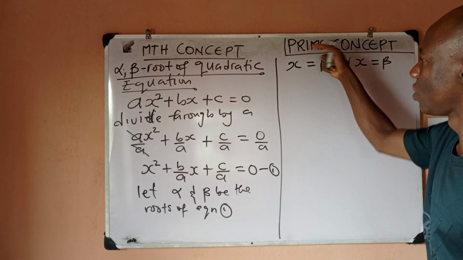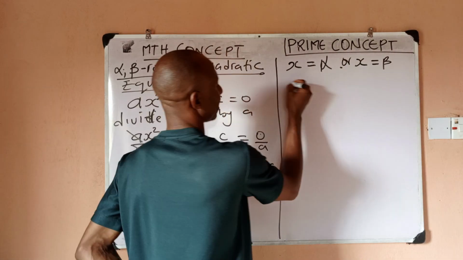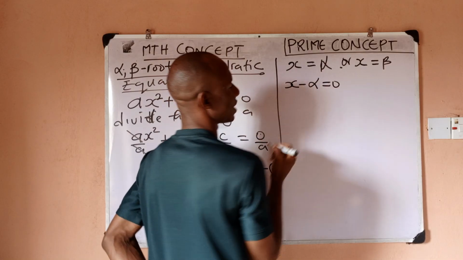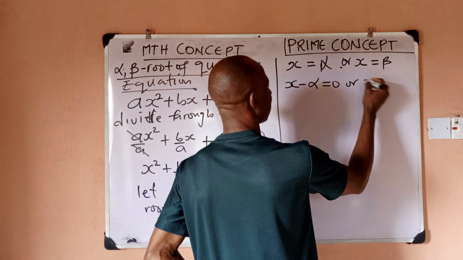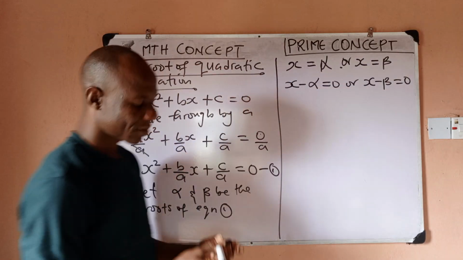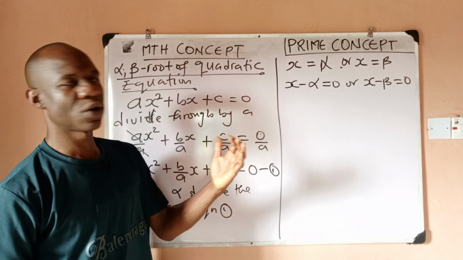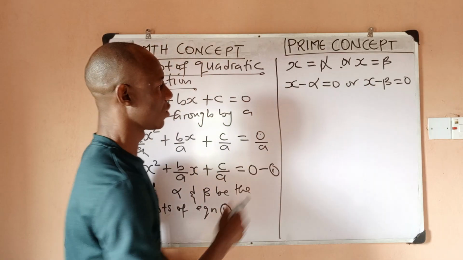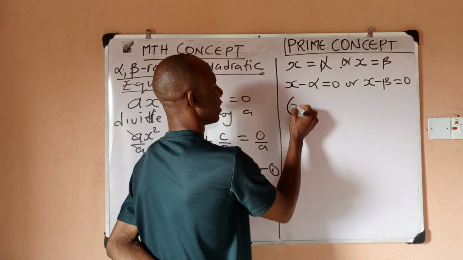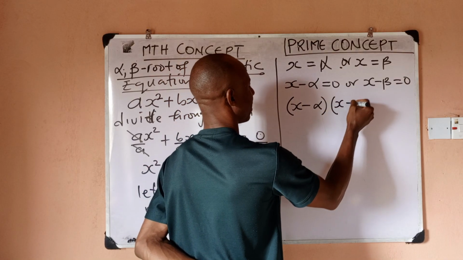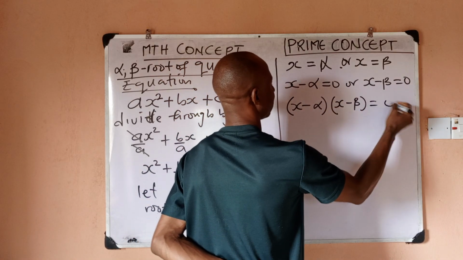Now, if I push this to this side, I would have that x minus alpha should be set as 0, or I would have that x minus beta should be set as 0. In order for me to form the quadratic equation, I would multiply these two solutions. So I would have x minus alpha multiplying x minus beta, set it to 0.